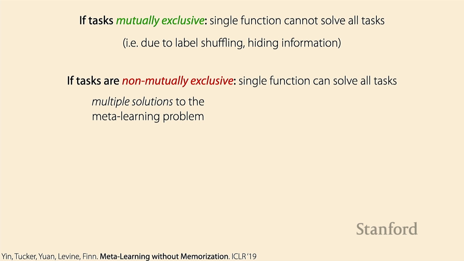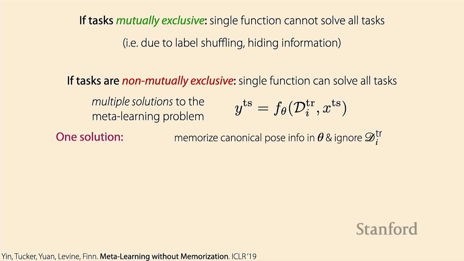The reason memorization can occur is that there are multiple solutions to the meta-learning problem. There are multiple ways to minimize the meta-training loss function. In particular, if we view the meta-learning process as taking as input the training data set and the test input and relying on our meta-parameters theta, one solution to the pose example would be to memorize the canonical pose information in your meta-parameters and ignore the support set.